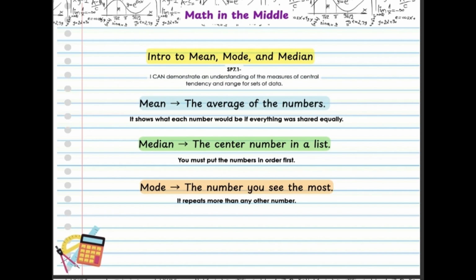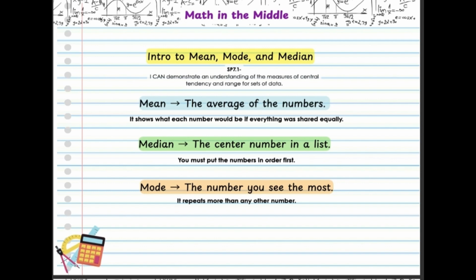But before we begin, here's a brief description of each of those words. At the top here, you have the curricular outcome for Saskatchewan Math, grade 7. It's I can demonstrate an understanding of the measures of central tendency and range for sets of data. So mean means the average of the numbers.